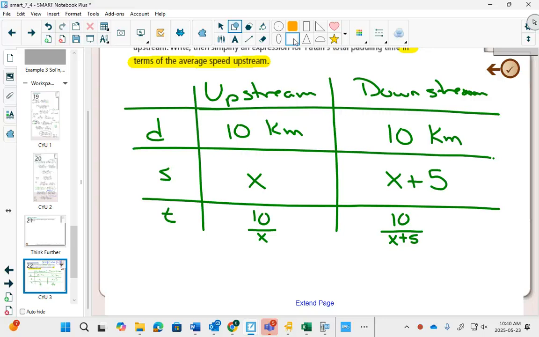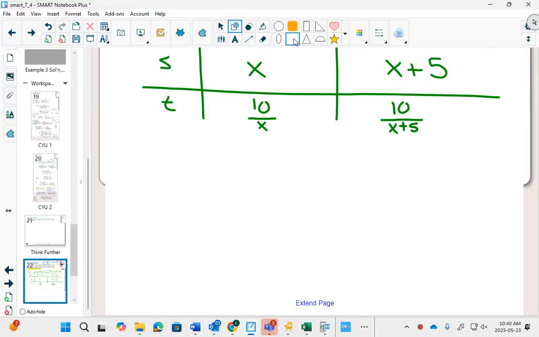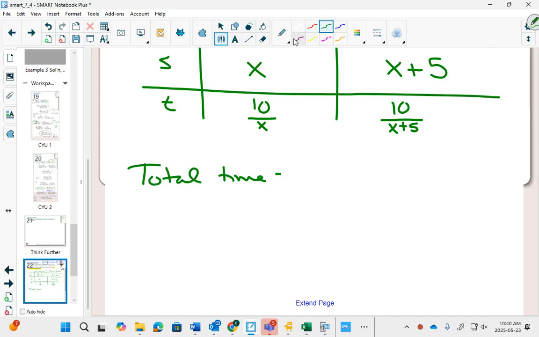And if this is the time upstream, and this is the time downstream, does it make sense that our total time would equal this one plus this one? And then how do you add fractions?